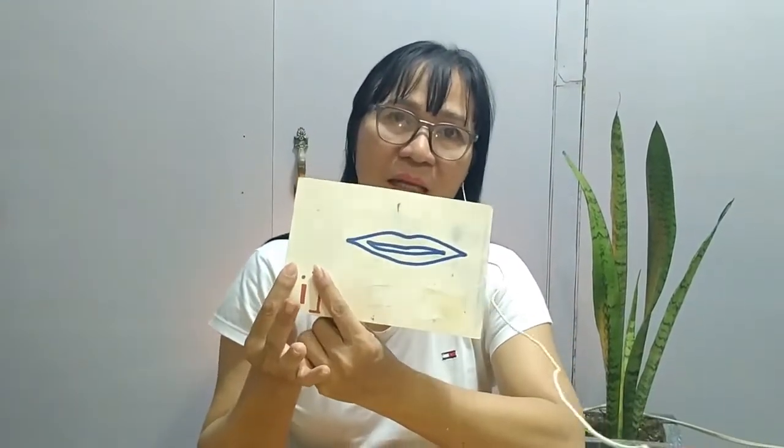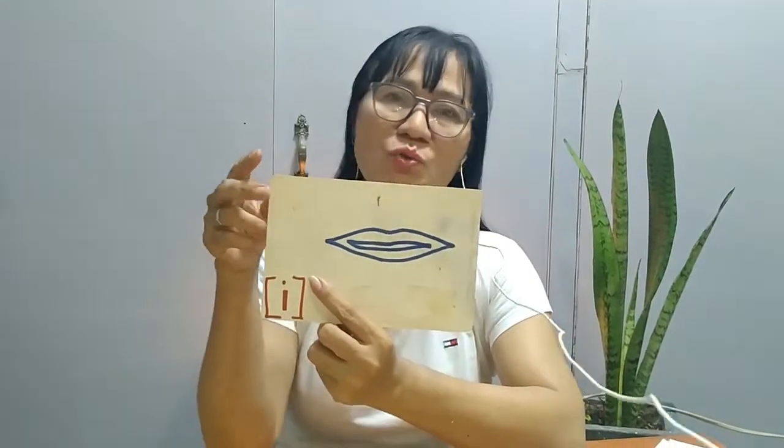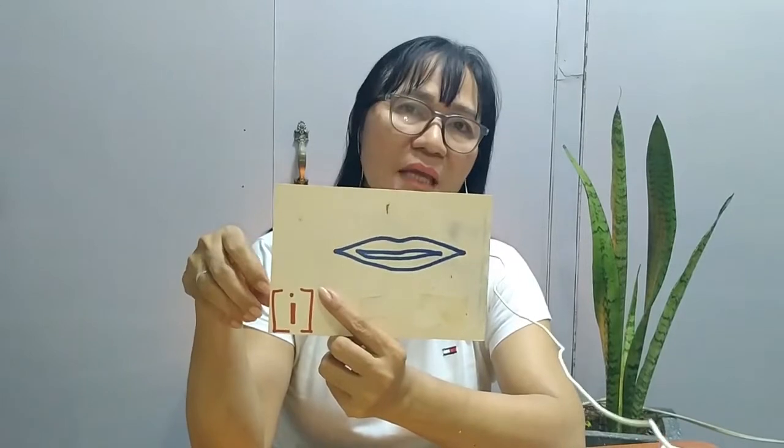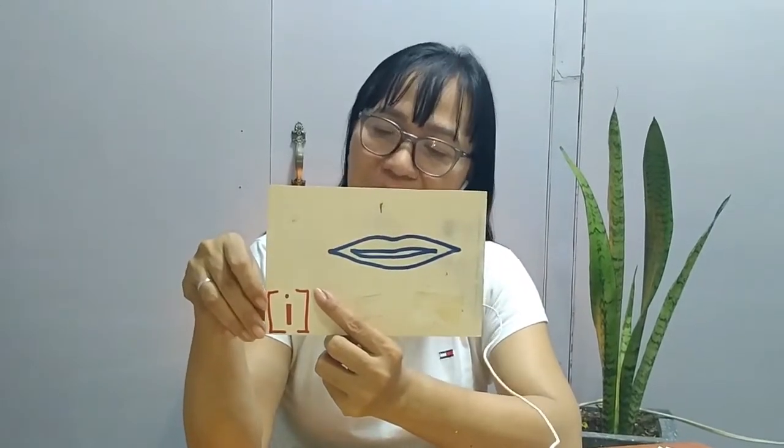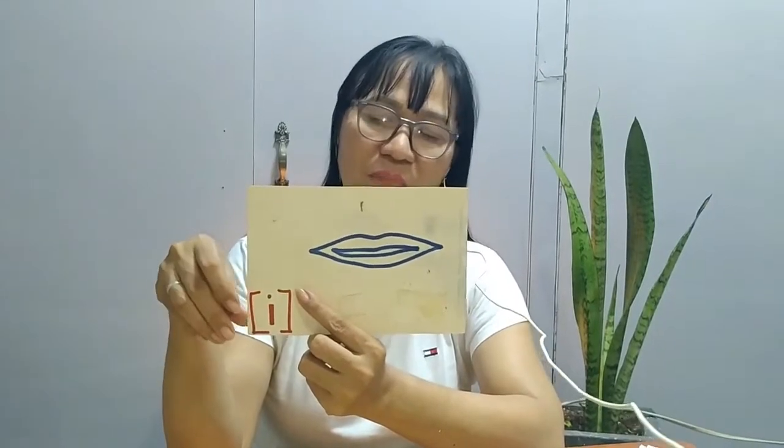If this symbol is without brackets, then I can read this one as a small i, and it's part of the English alphabet. It's a small letter i. But if it is already enclosed with brackets, then I would not accept if you would still tell me that it is the letter i in the alphabet, because this one is an E sound.